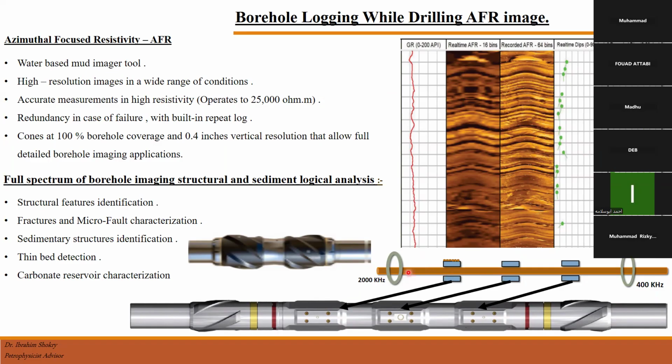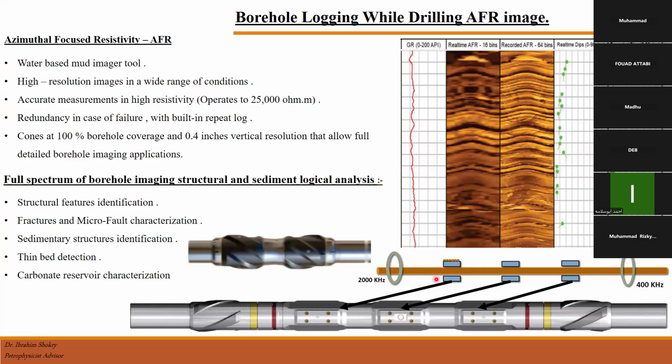The first sensor is very near to the transmitter, which can get the high vertical resolution, while the far one is far from the transmitter, and from the far sensor we can acquire the resistivity data.